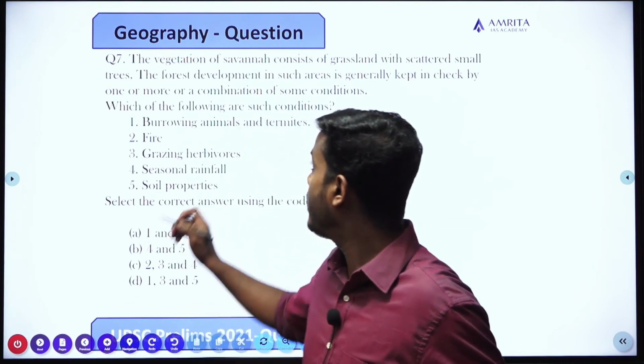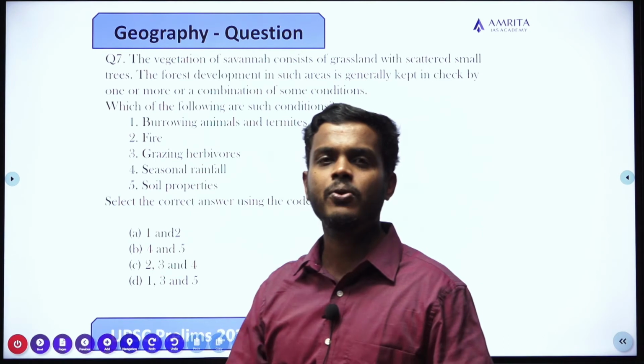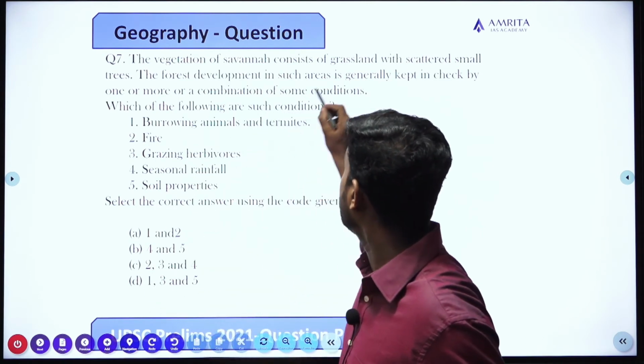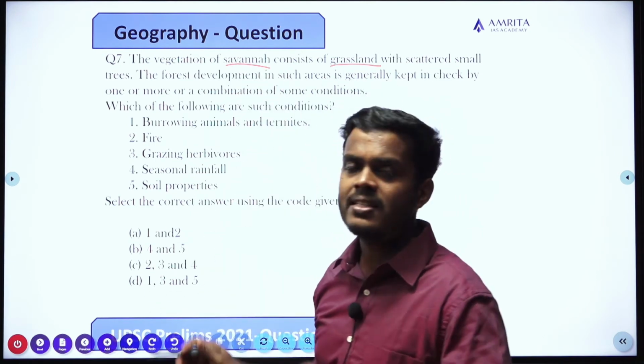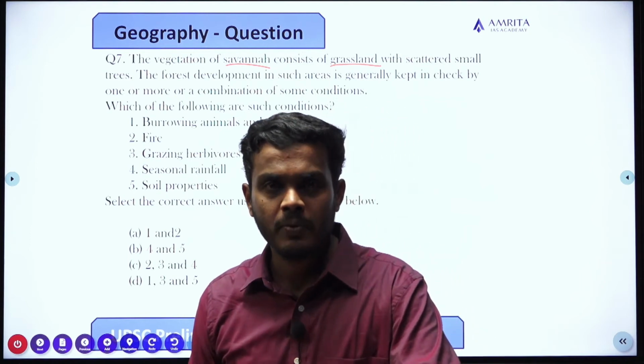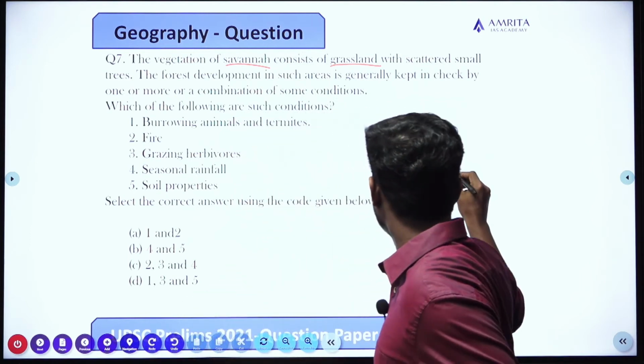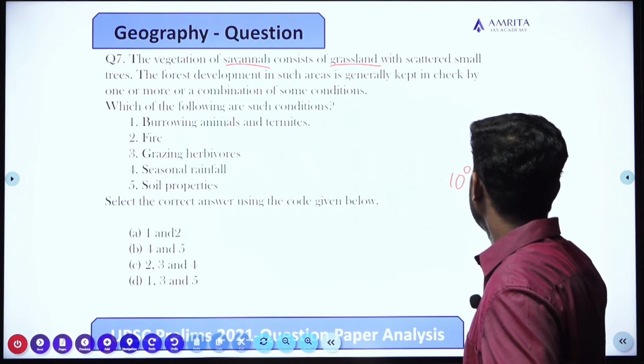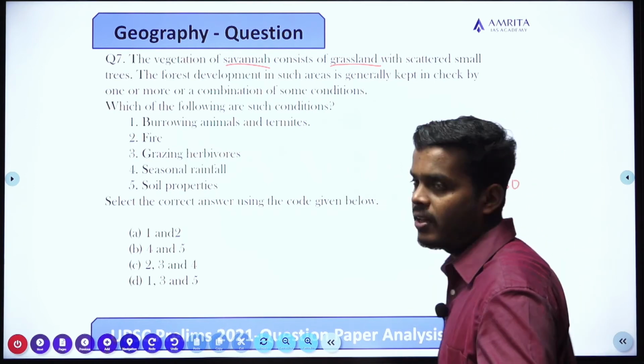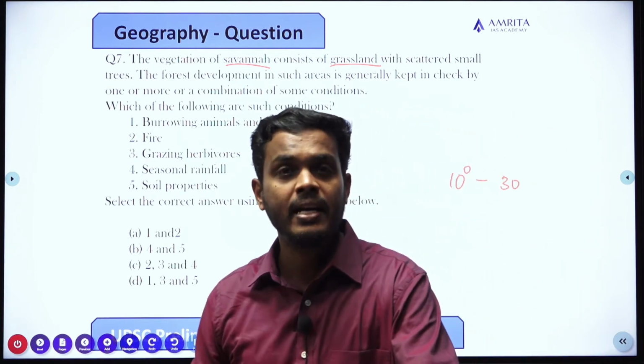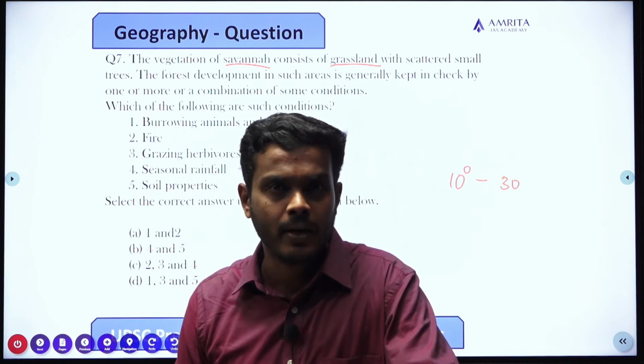Now we will go back to the question again. It is given in the question itself that the savanna region consists of grassland. We know that savannas are regions which have a latitudinal spread between 10 degree to 30 degree, and they occur along the continental interior parts, right?